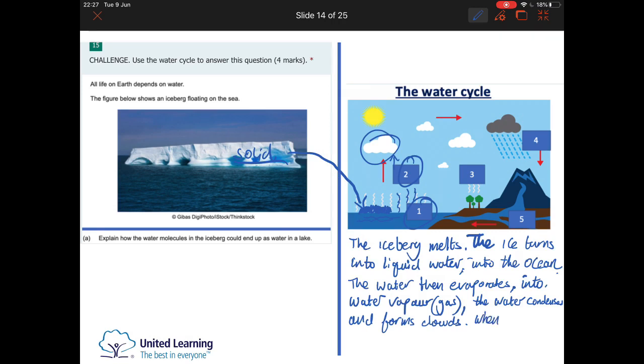When the clouds get heavy, what happens again? It turns into precipitation. So precipitation occurs, and that leads back into the rivers and lakes.